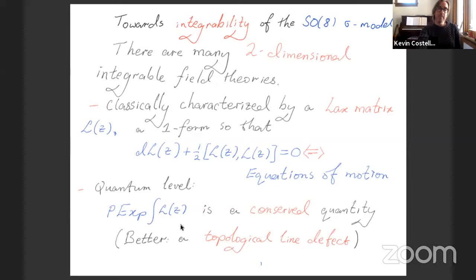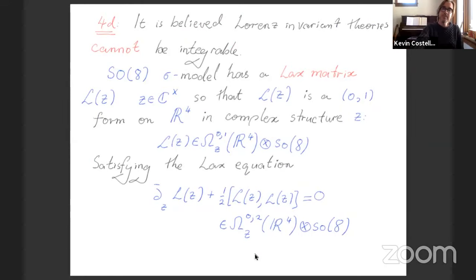So this tells us that these two-dimensional integrable theories have an infinite number of non-local conserved quantities. In more modern language, it's better to think about this conserved quantity as a topological line defect. So what happens in 4D?